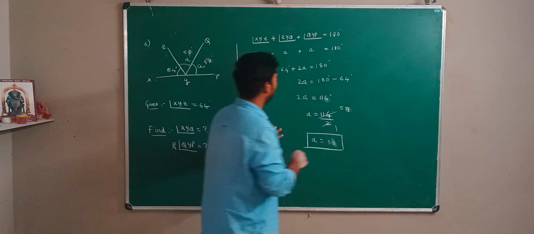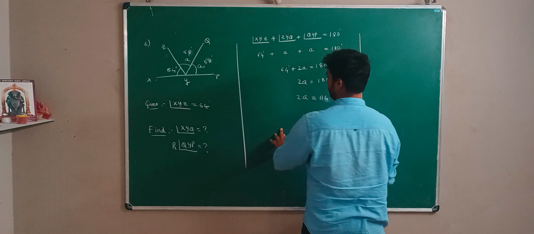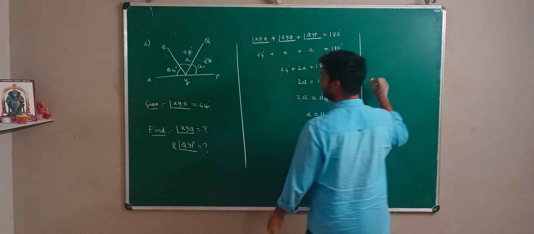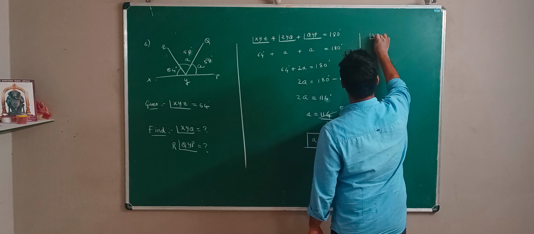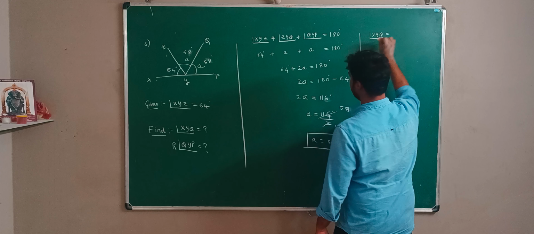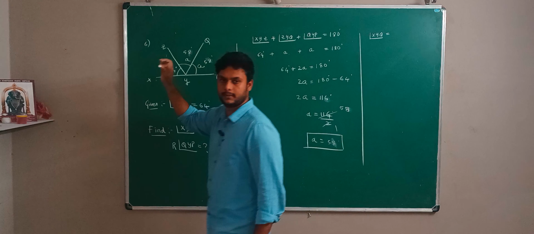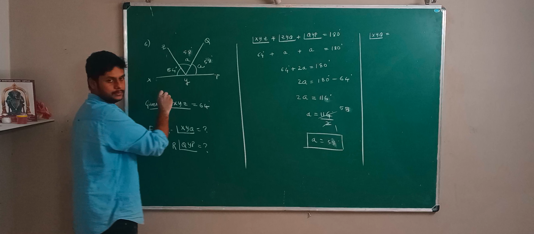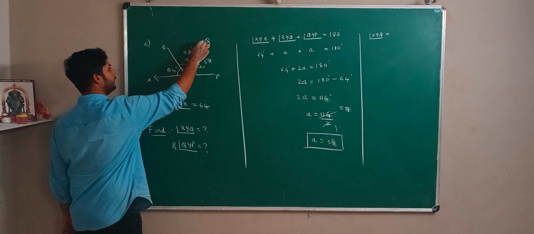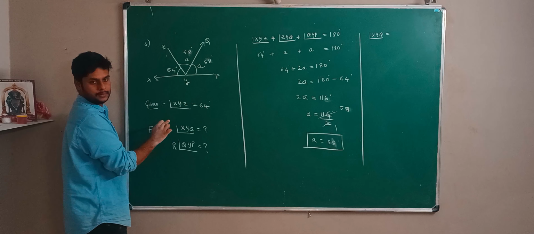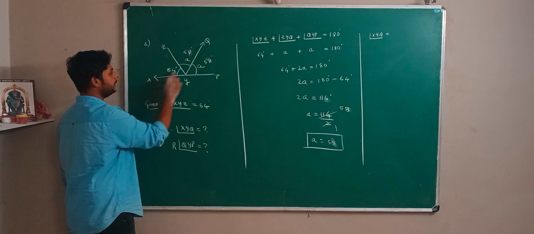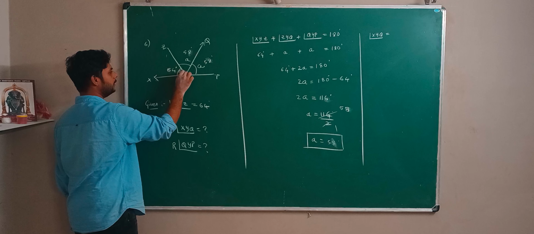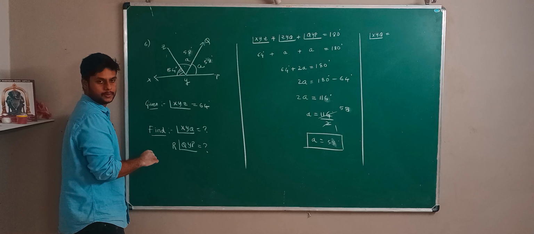Okay, next after doing this, now what should I do? Now go to the sum. How much is angle XYQ? Where is angle XYQ? First you go to the diagram and search. Okay, XYQ, XYQ. So to get XYQ, I should add this angle and this angle. Yes or no?